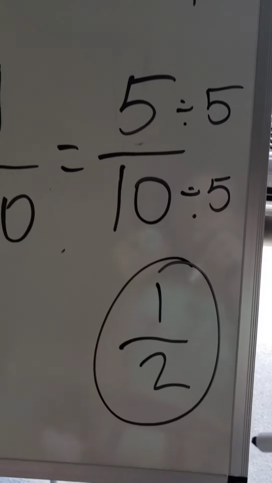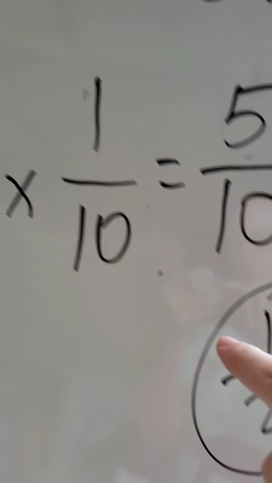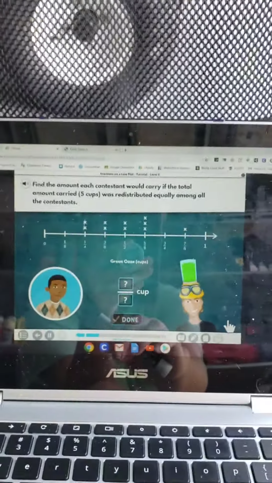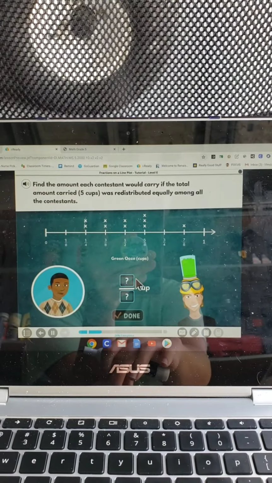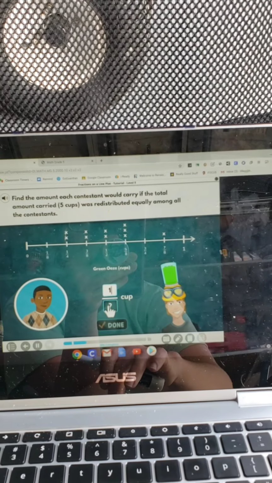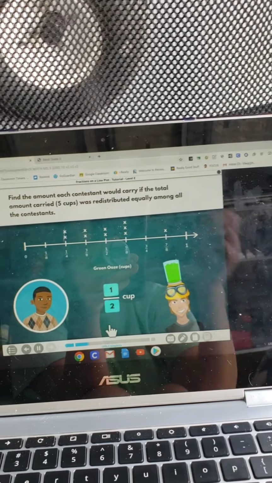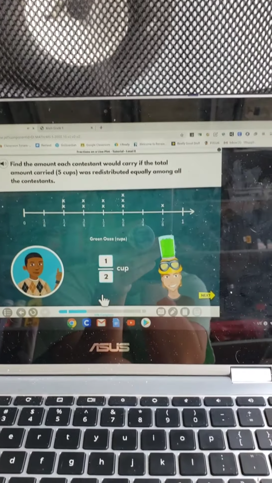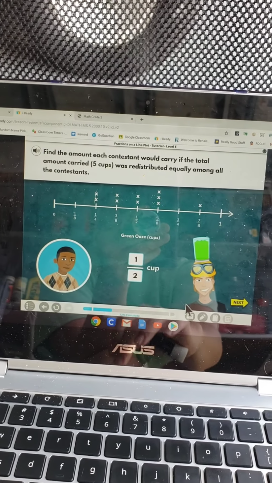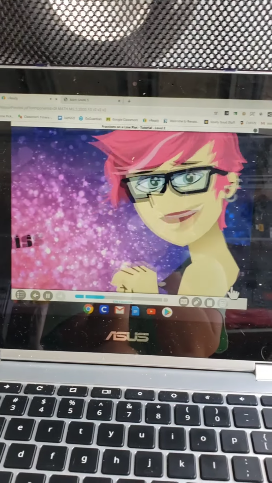So if we divided 5 cups amongst 10 contestants, they would each have half of a cup of ooze. That's what's up. This math is awesome.